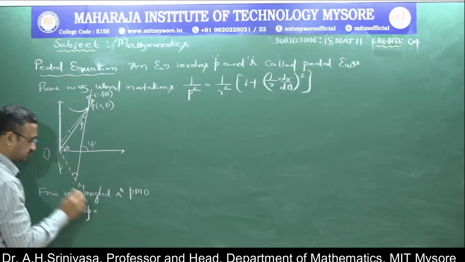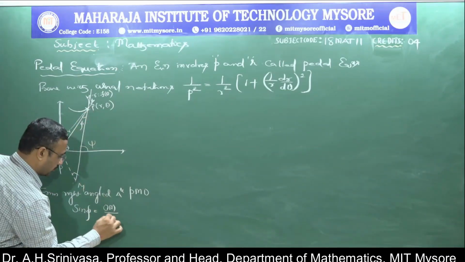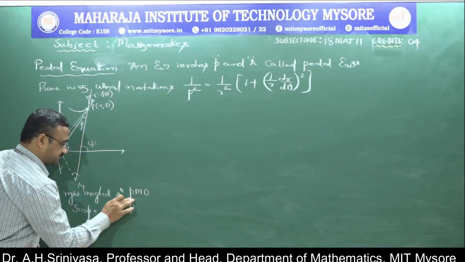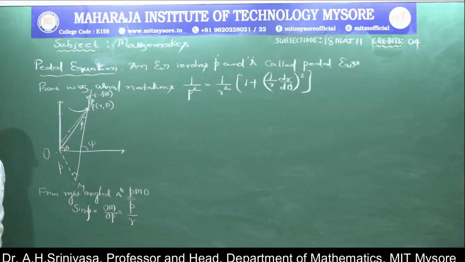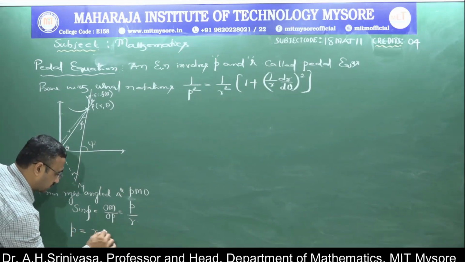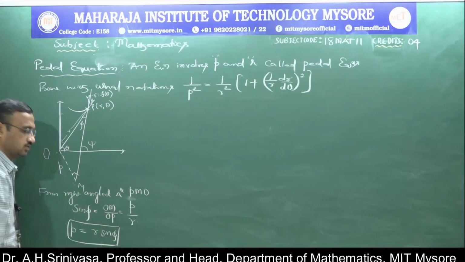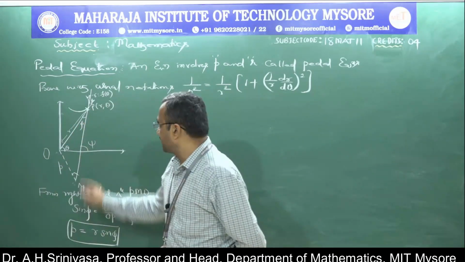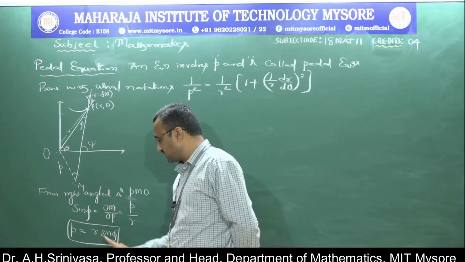The opposite side is OM, divided by the hypotenuse OP. The length of OM we simply call small p. If we cross multiply, we have p equal to r into sine phi. So from the right angle triangle, we get p equal to r sine phi.